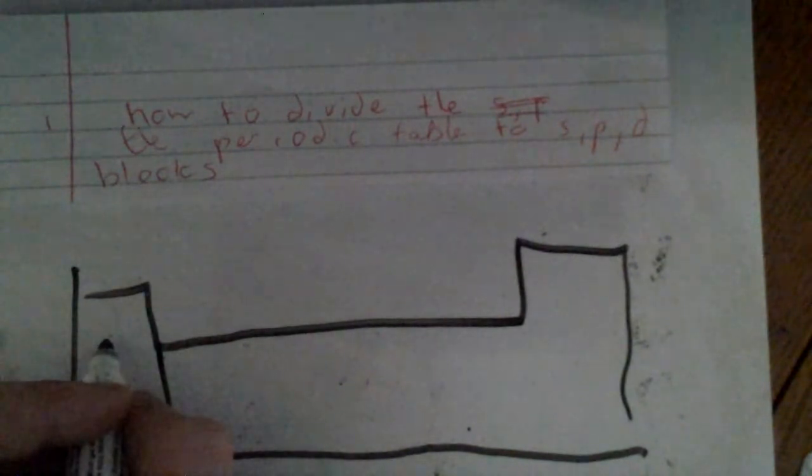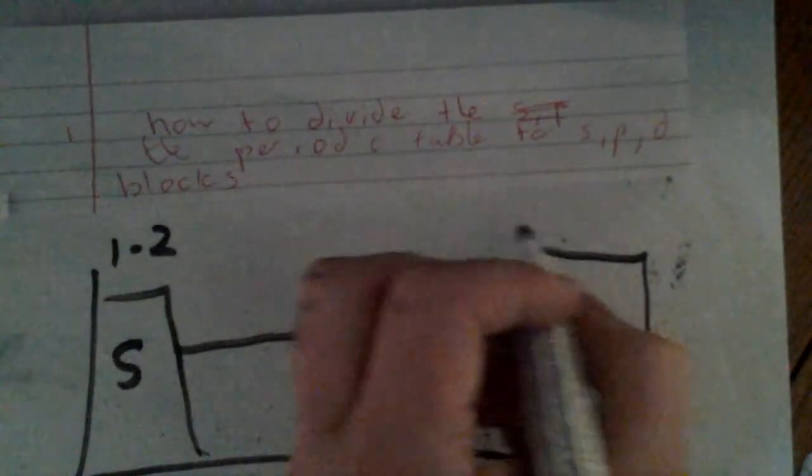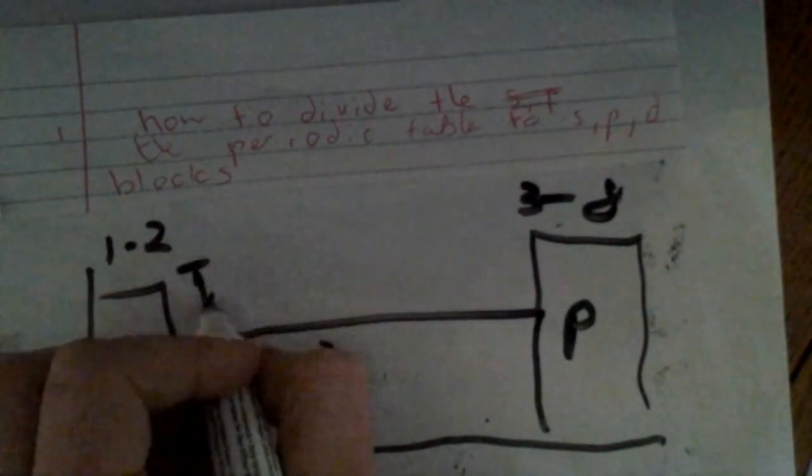If my outermost electron is in an s shell, then I'm in the s block. That's going to happen in groups 1 and 2. If my outermost electron is in the p shell, I'm in the p block. That's going to happen in groups 3 to 8. And if my outer electron is in the d shell, I'm in the d block, and that's going to happen in the transition metals.